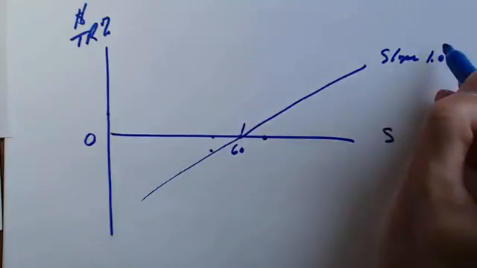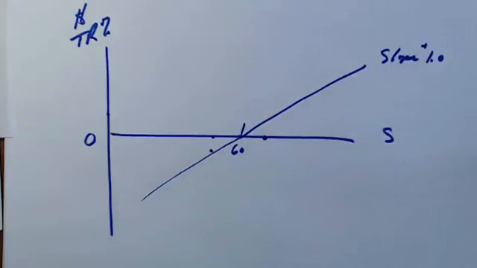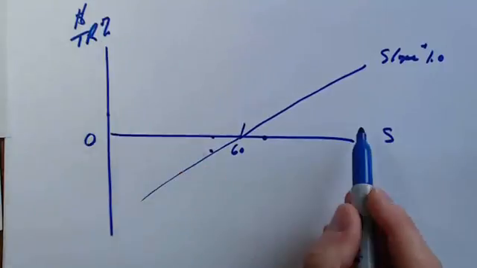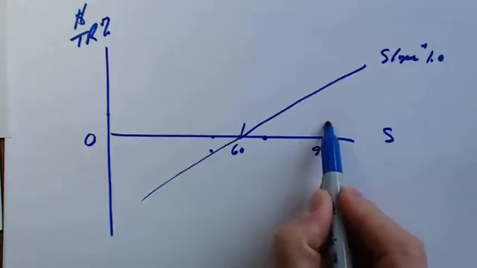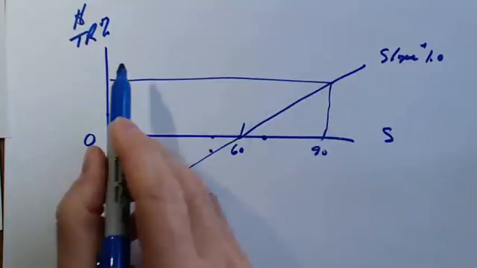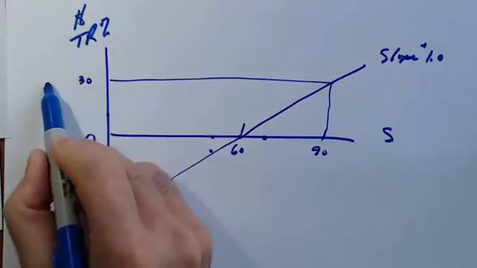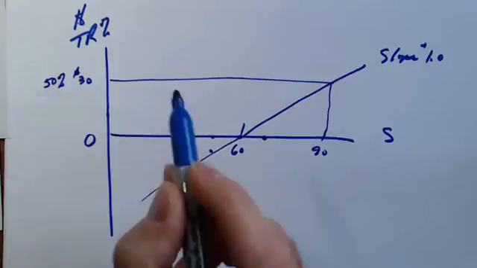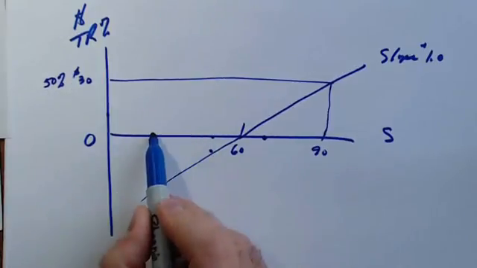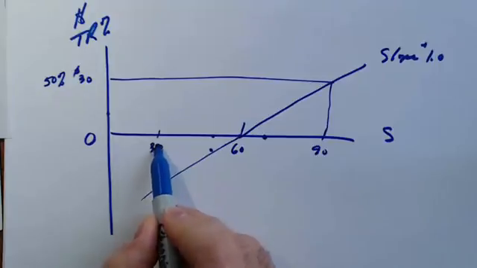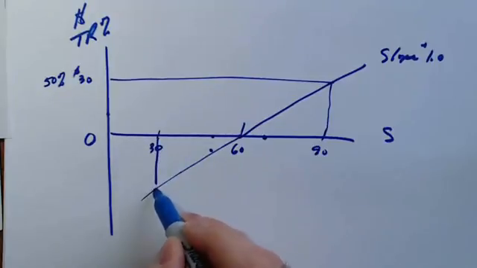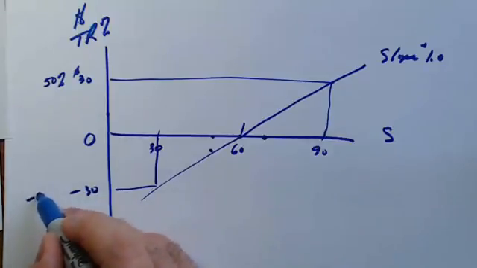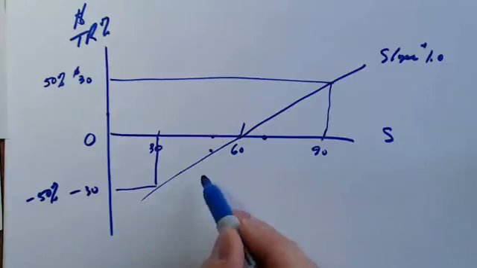Now let's translate what happened into the percent here. If the stock goes up to 90, like we said, that's a $30 profit per share, or what we calculated earlier to be a 50% profit. If the stock drops to $30 a share, then we're going to lose $30 a share, or in other words, minus 50%. So that has a slope of 1.